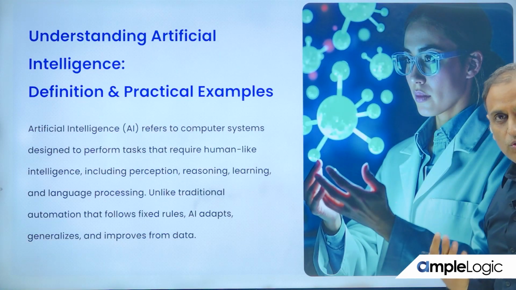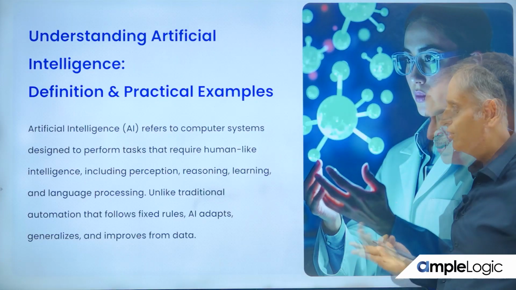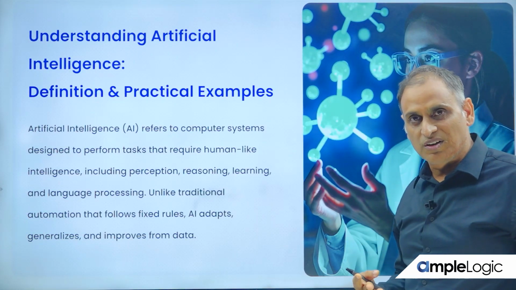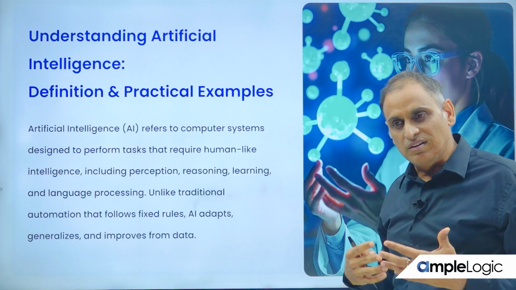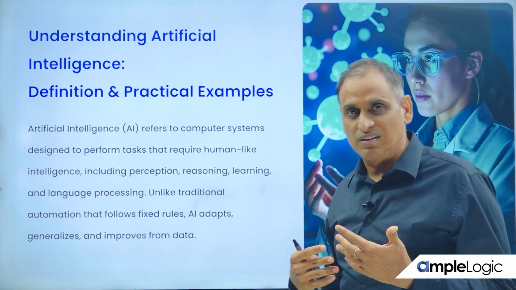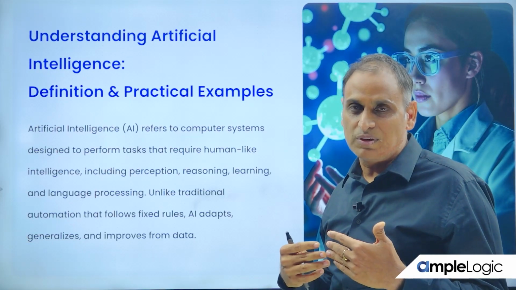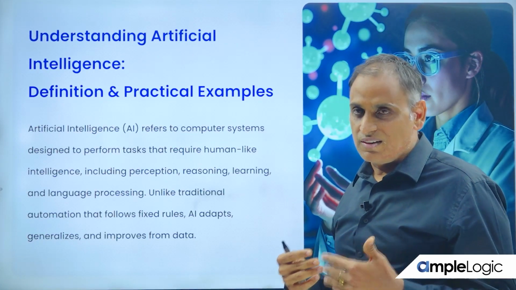Typically, when you look at artificial intelligence, it's computer systems designed to perform certain tasks, and because the data is already there and you have some intelligence applied on this data, some decisions or recommendations can be provided by the AI engines, right?